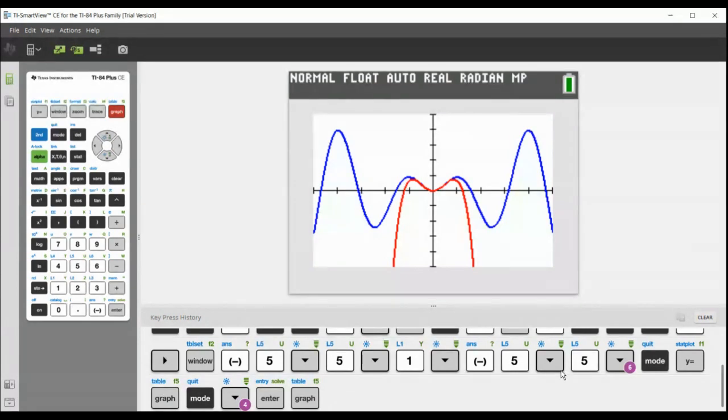Let me make sure I'm sharing it. Good. Is that red graph the fourth degree Taylor polynomial, or the function? That's right, John. That's right, Josiah. Very good. It's the fourth degree Taylor polynomial.